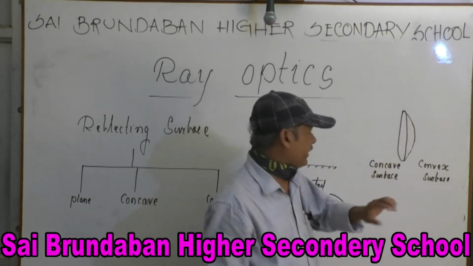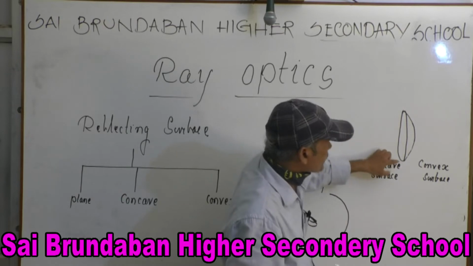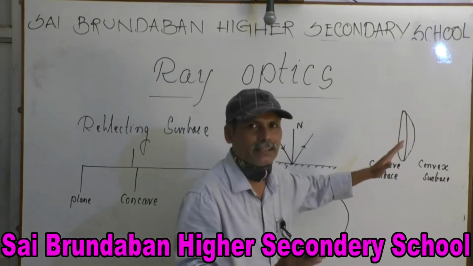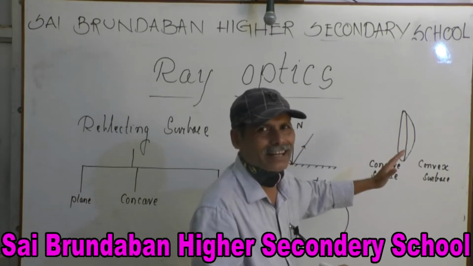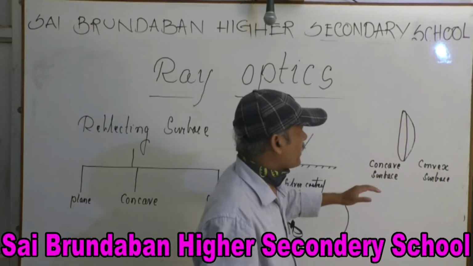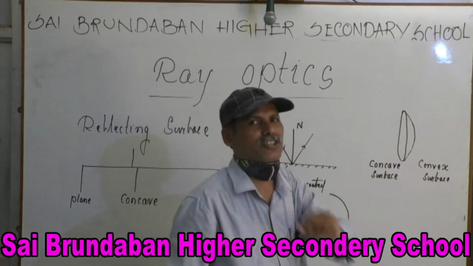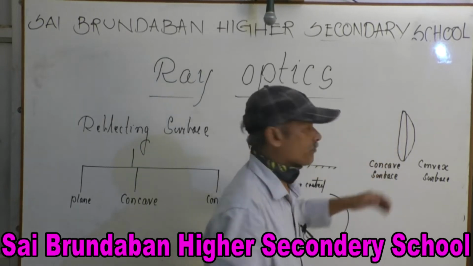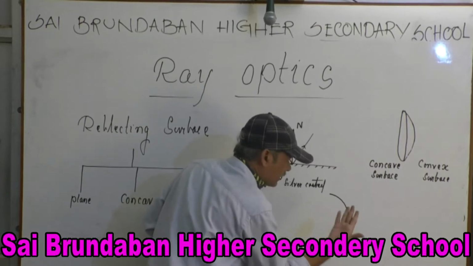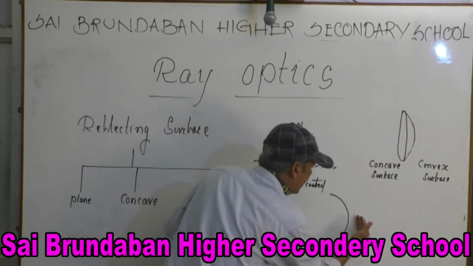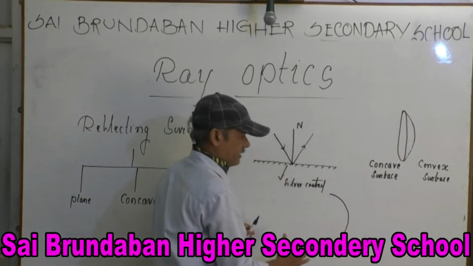Actually, this is a circle from the side. We are looking from the side, so it appears like an ellipse. But actually it is a circle. And the diameter is called aperture. You draw this line and you can clearly know that this side is convex surface and this side is concave surface.